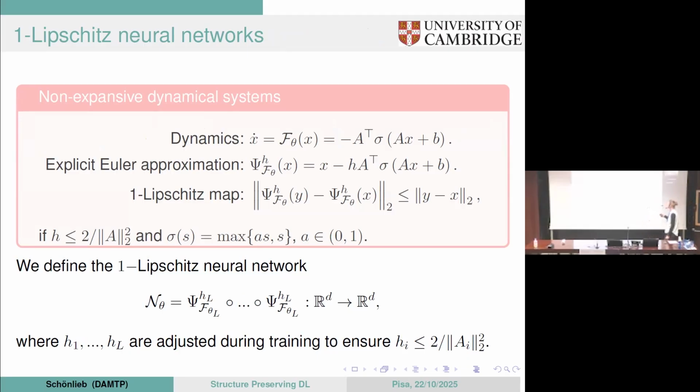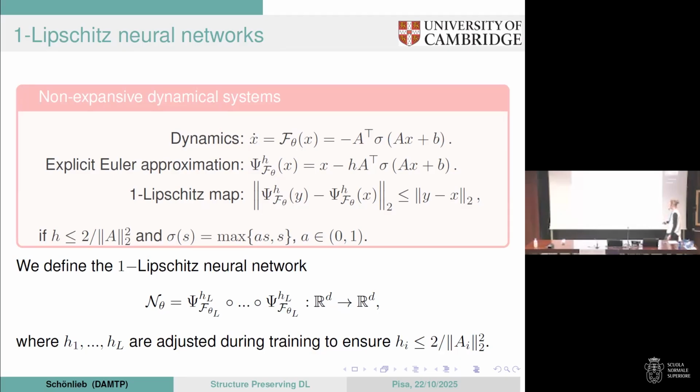You do the same for its explicit Euler approximation, and by a straightforward calculation you get the constraints you need to impose on your parameterization such that your layer function is one Lipschitz.